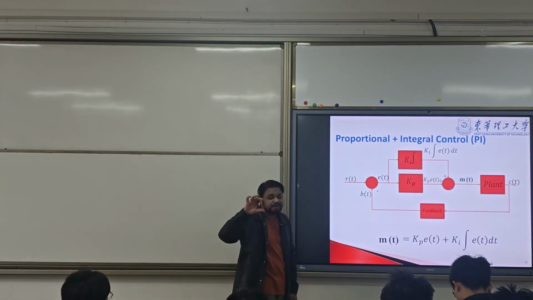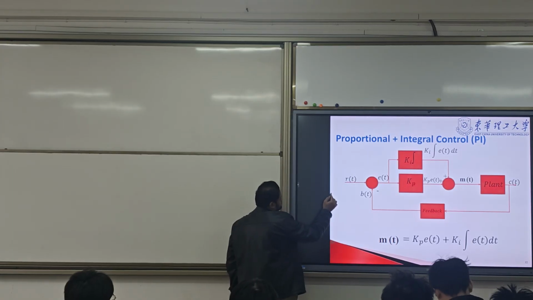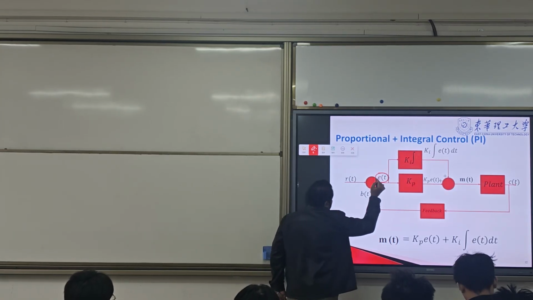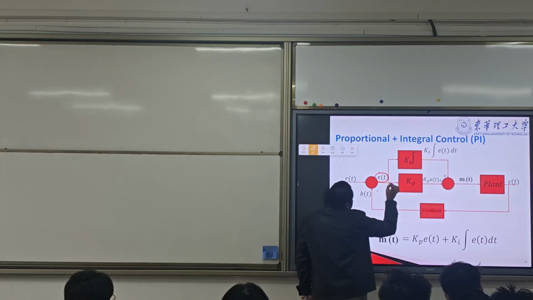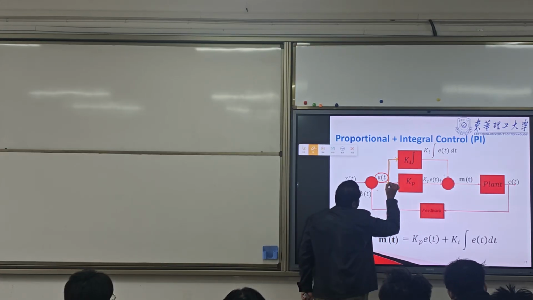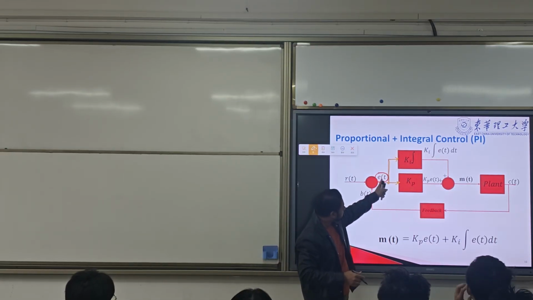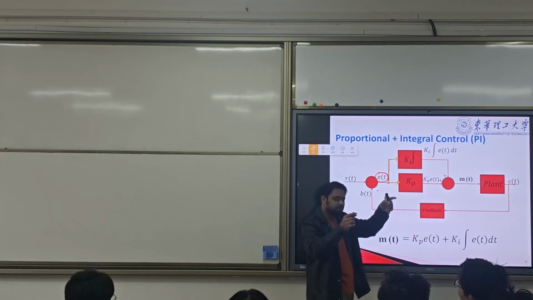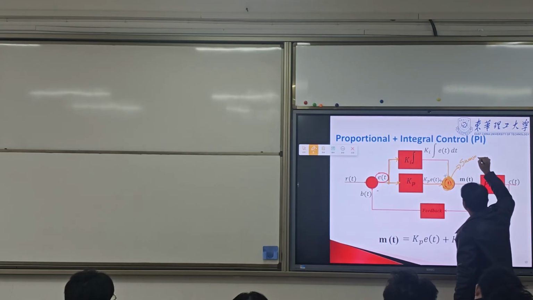So if we use PI together, how can we define it? Look, here we have a steady state error. This same error will be sent to two controllers in parallel, and then there will be an output which will be combined at the summing point.